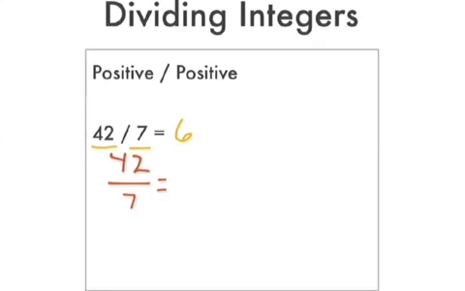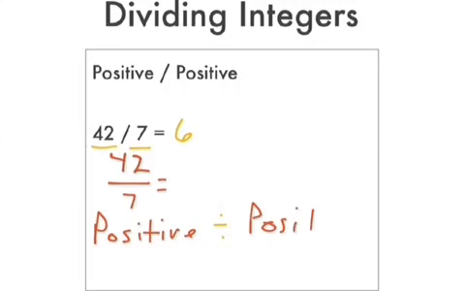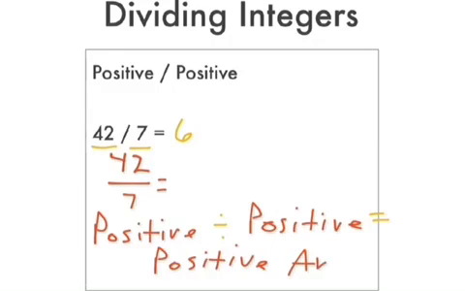And what we can write here is positive divided by a positive equals a positive answer. Make sure you have this part down, because it will lead us into the next part.